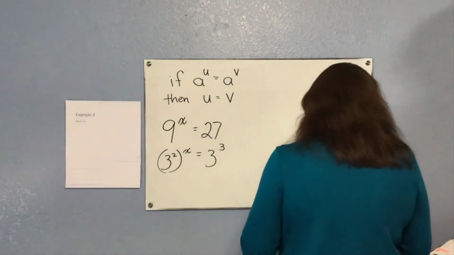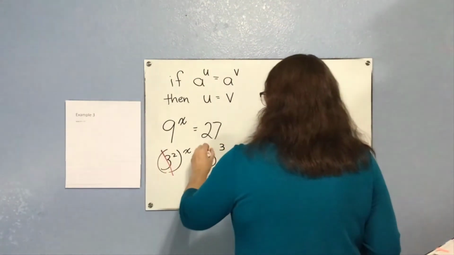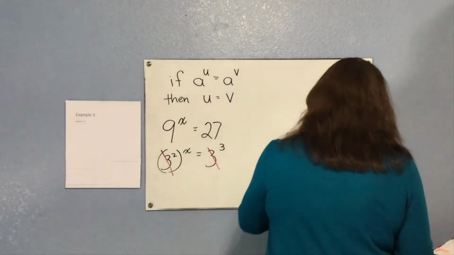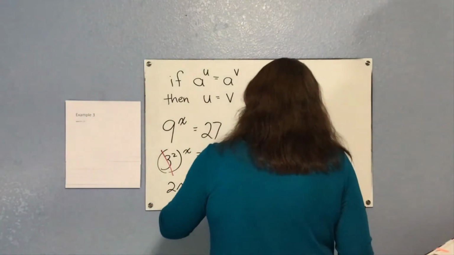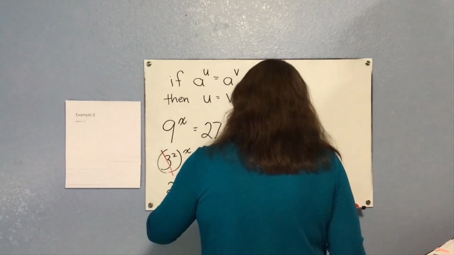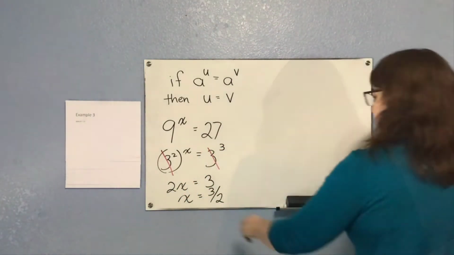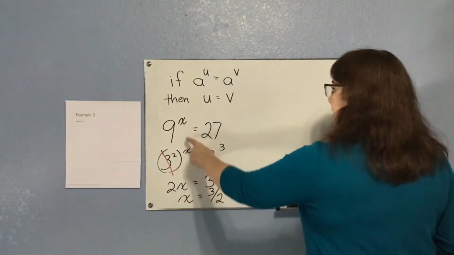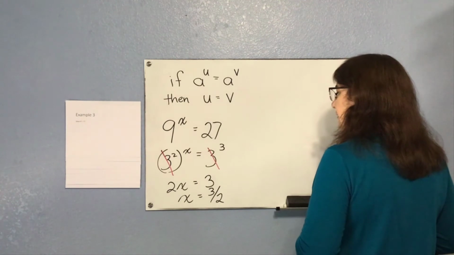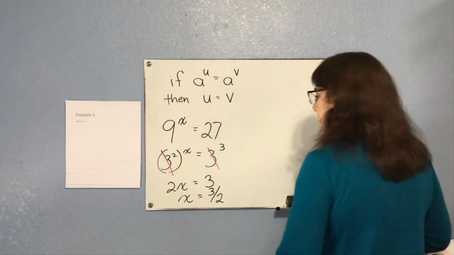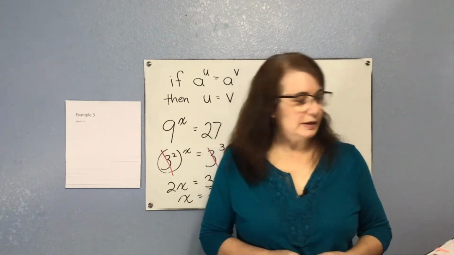Now my two bases are the same, so I can eliminate the bases, and I have 2x equals 3, or x equals 3 over 2. Verify that this will work in your original equation. You can put 9 to the 3 over 2 in your calculator and make sure that you get 27. But you can pause the video now and work on checkpoint 3.